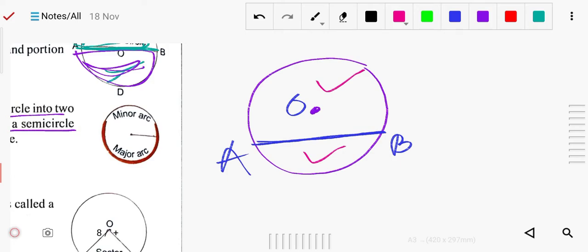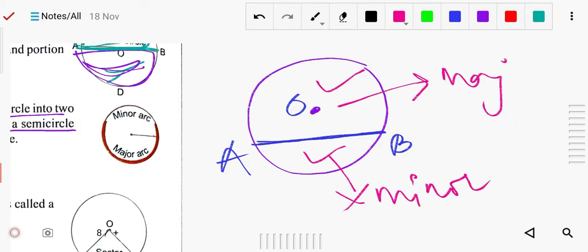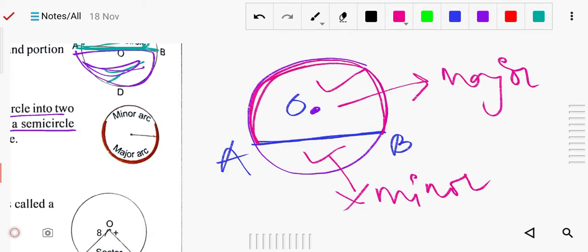This is your major segment, as you have studied, and this side is your minor segment. Now just try to understand this one, it is called the arc.